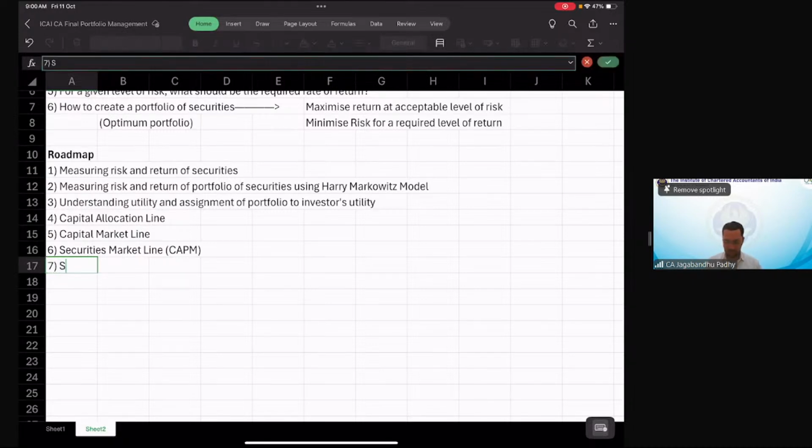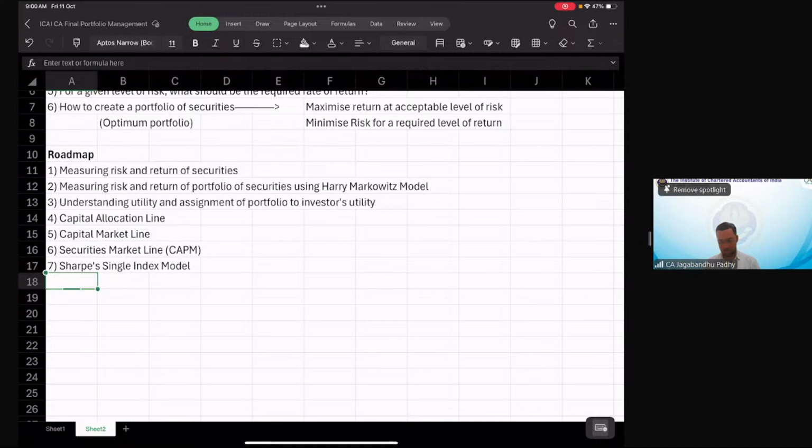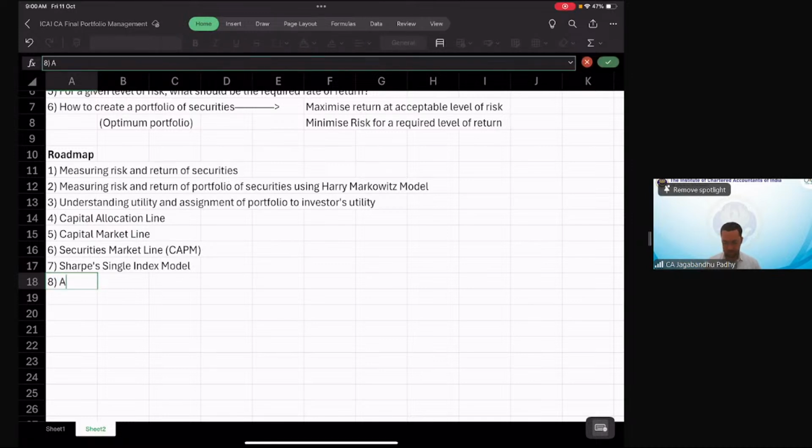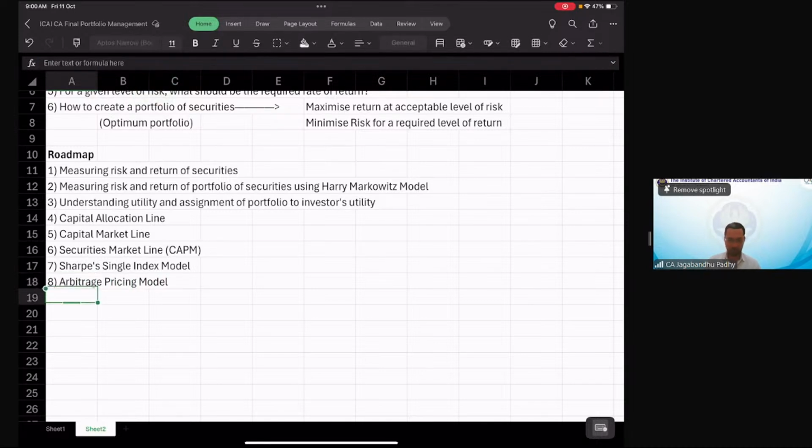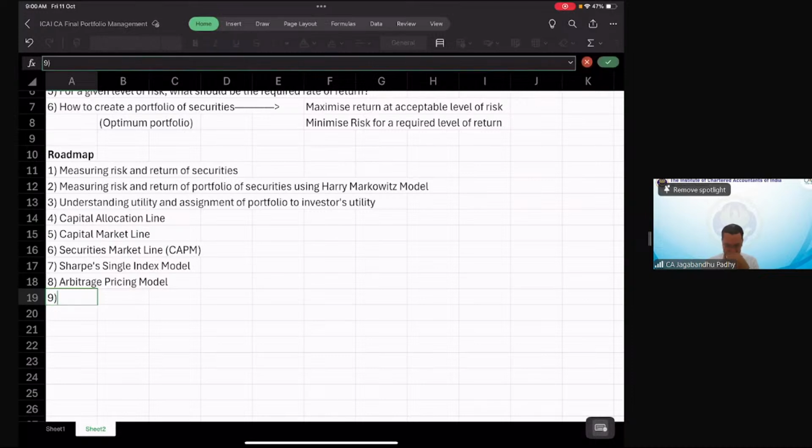Then after that we have Sharpe's single index model. Then next is arbitrage pricing model. Right, so Sharpe's single index model, arbitrage pricing model, right? And some sort of performance. The last part is portfolio performance measures.